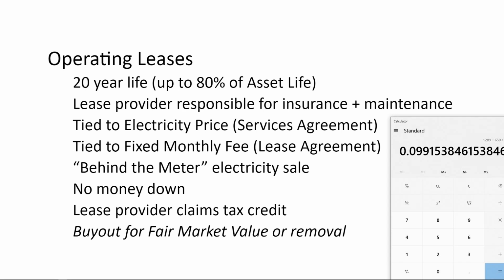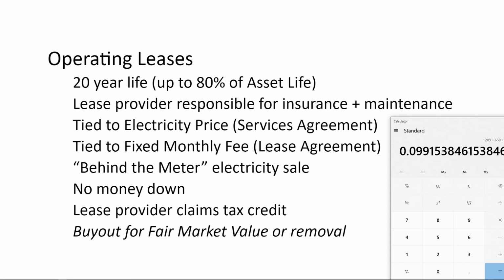Tied to electricity pricing or tied to a fixed monthly fee. So in the past, there's been concerns about how to legally structure these agreements. If you tie the rate to a kilowatt hour rate, would you be considered a vendor of electricity and therefore maybe in violation of state laws?